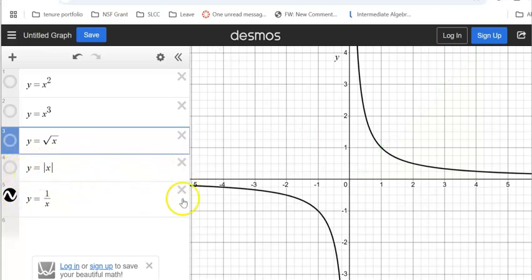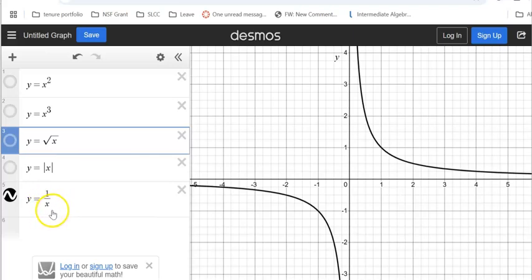All right, and then this last one is this rational function. And on this one, you can see it's kind of a different graph because it's kind of in two different places here. And that's because look at how x is in the denominator.